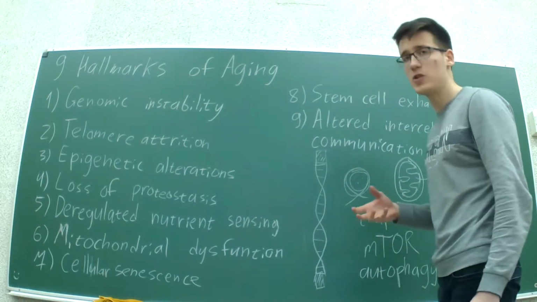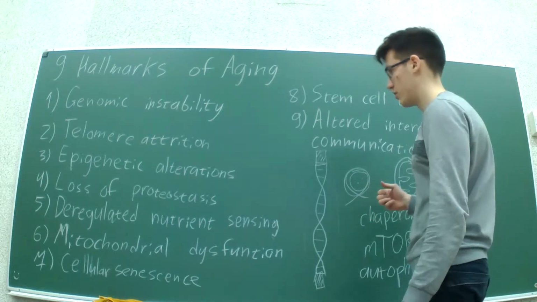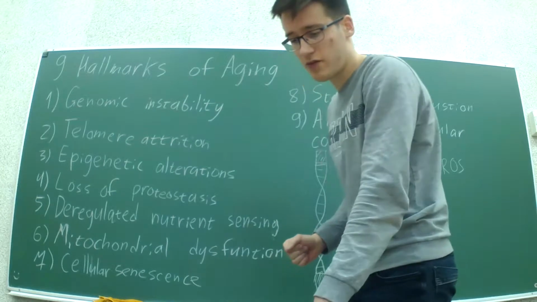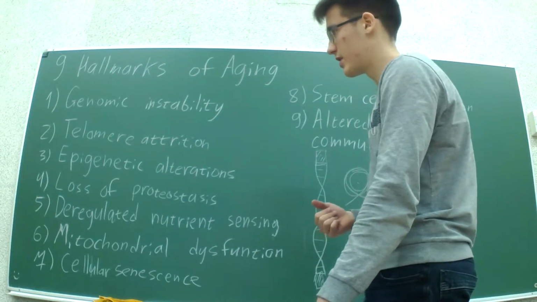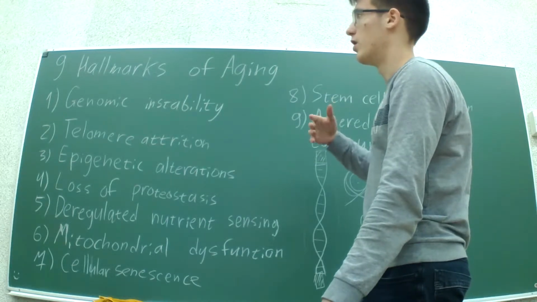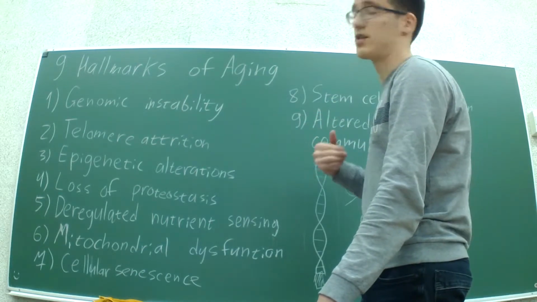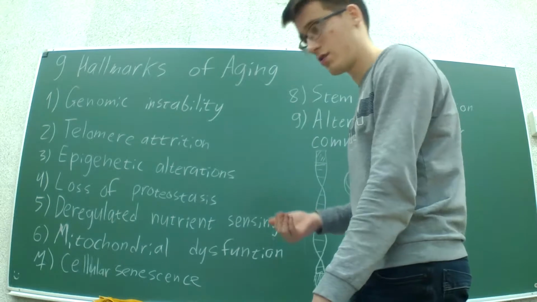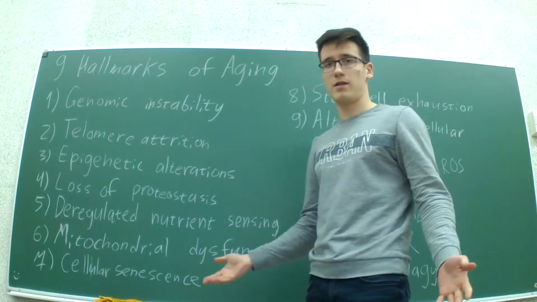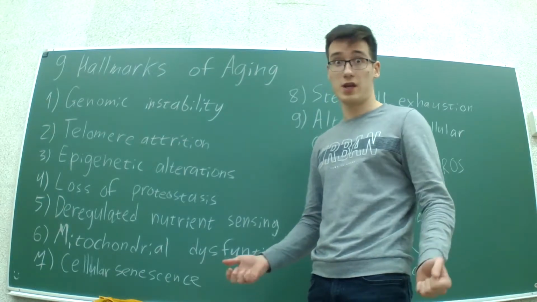And as we age, the pattern of this chemical labeling changes, and it may affect our DNA in the way that the genes responsible for reparation become less accessible, and reparation slows down, and the damage is not repaired, and we age.